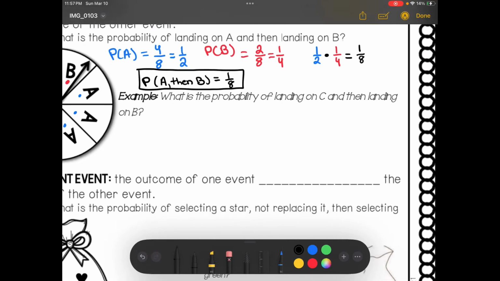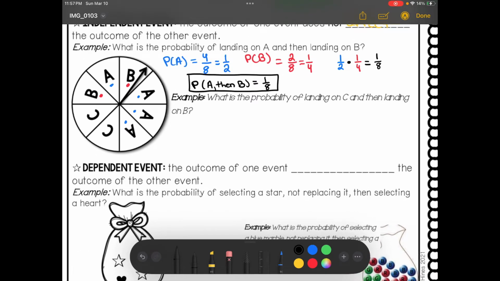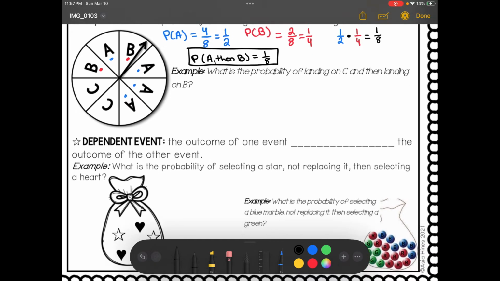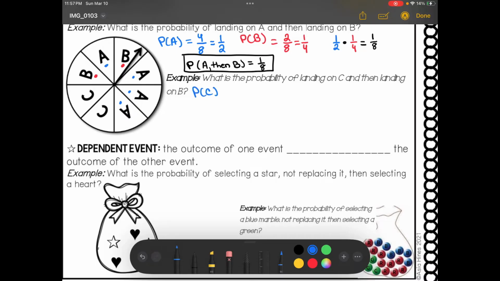Okay, let's do another one. What is the probability of landing on C and then on B? So they want the probability of C, then B. First, we need to find the probability of C. So the probability of C equals how many C's are on the spinner.